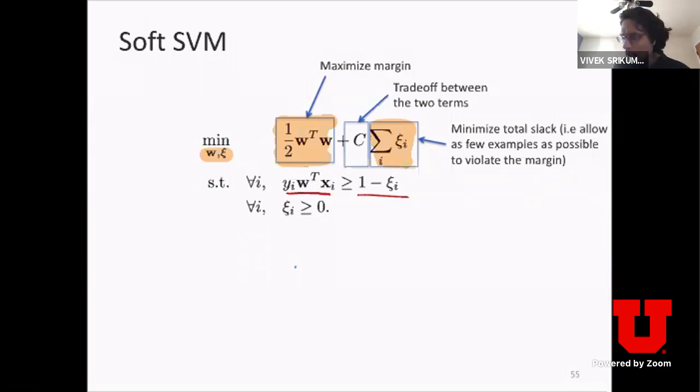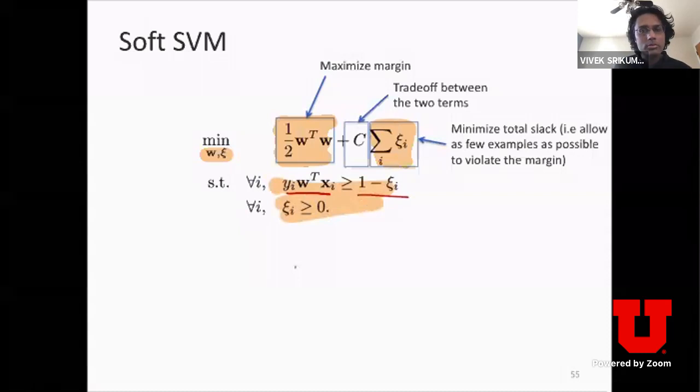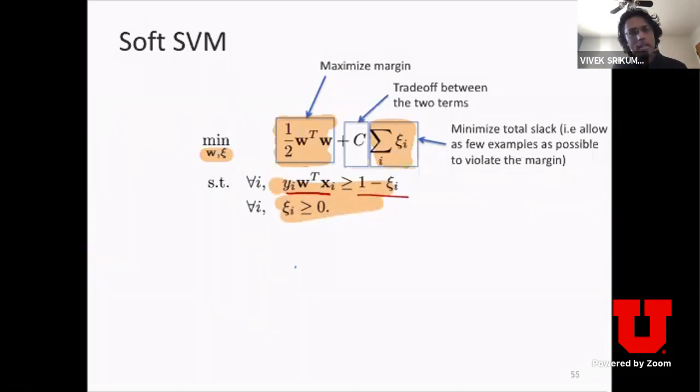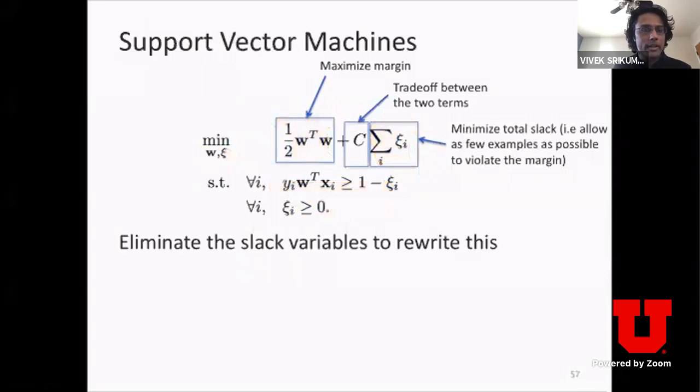But it turns out that this particular problem is slightly annoying, because you have to deal with all these constraints. So there's another way to construct an equivalent problem whose solution will be the same as this, and it will not have any of these slacks. So let me very briefly introduce this.